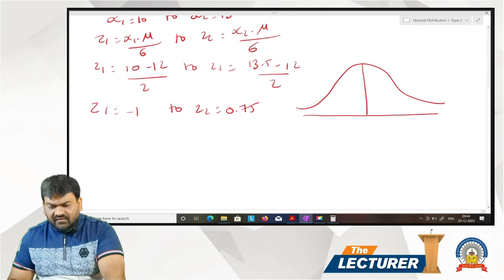Exact middle z is equal to 0. 1 is minus so left hand side will come, 0.75 is plus so right hand side will come. Total of these two probabilities.